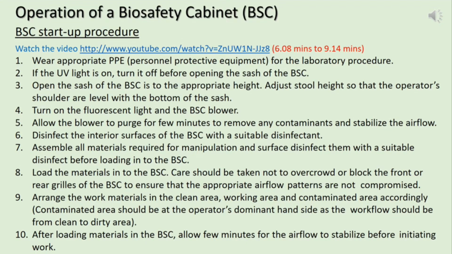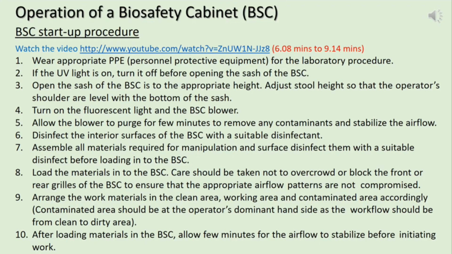All right. So after you load all the materials and arrange them into clean, dirty, and working areas, you can leave the airflow to stabilize for a few minutes before you actually start your experimental procedures.